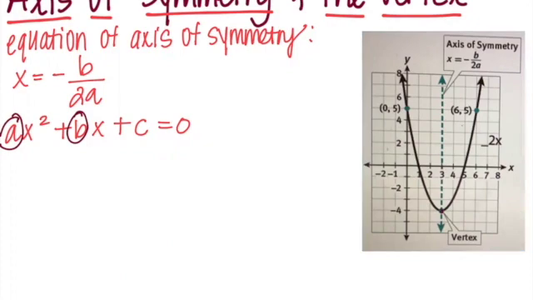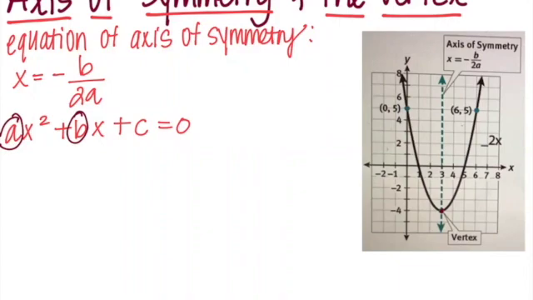All right. So with the axis of symmetry, it is going to be directly in the middle. We've talked about having a line of symmetry through a piece of paper or different types of shapes like a circle, a triangle, a square.